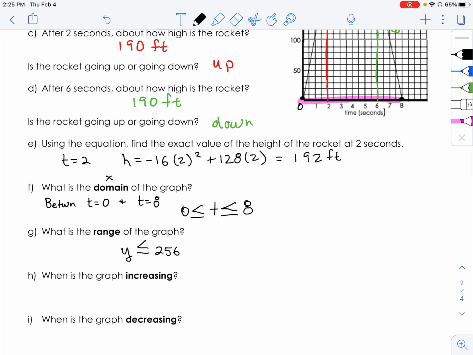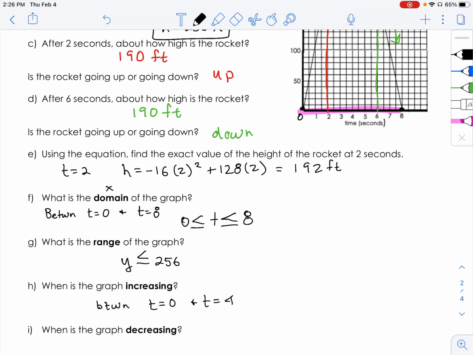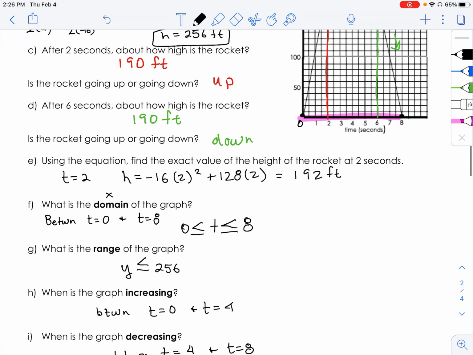So when is the graph increasing? The graph is increasing between t is equal to 0 and t is equal to 4. And is decreasing between t is equal to 4 and t is equal to 8.